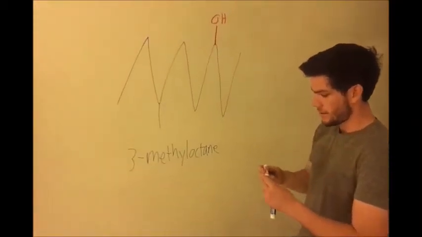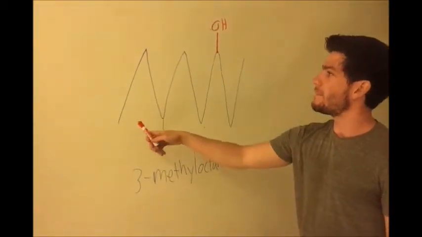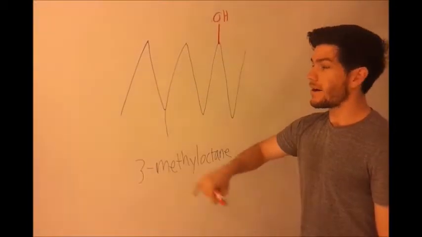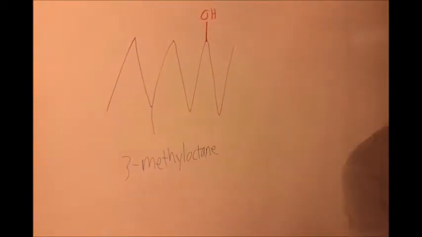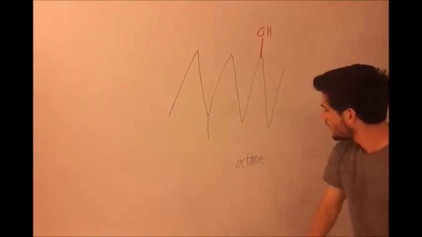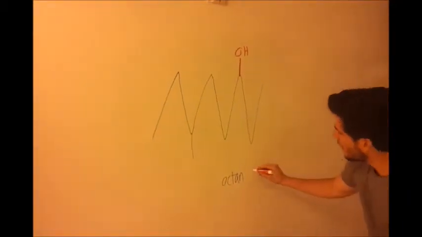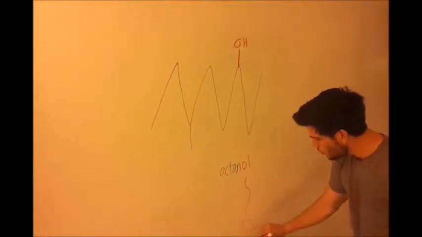Now normally, if it was just an alkane, you would number it from the end carbon in the parent chain closest to the substituent. But now, that's an alcohol, so I'm changing that. We'll come back to this substituent later. We're also going to drop the E and add OL. E's gone. Done.